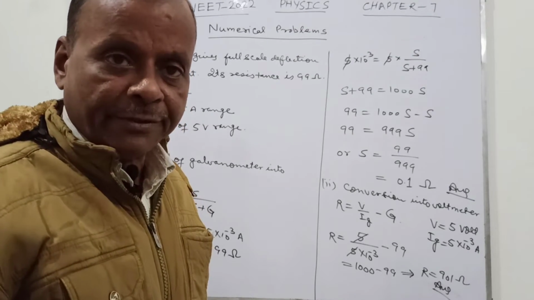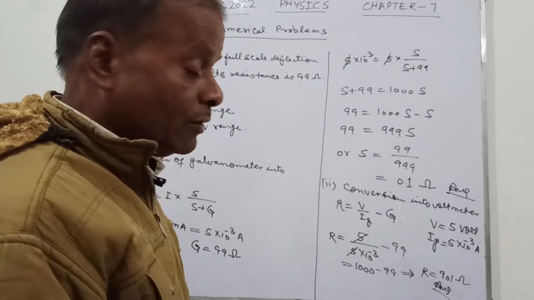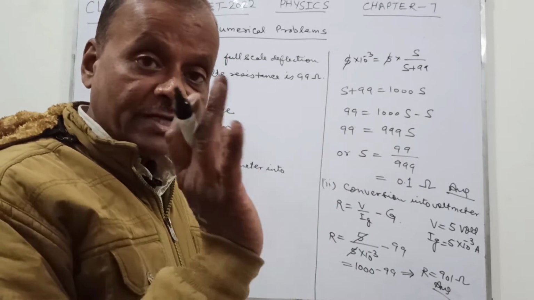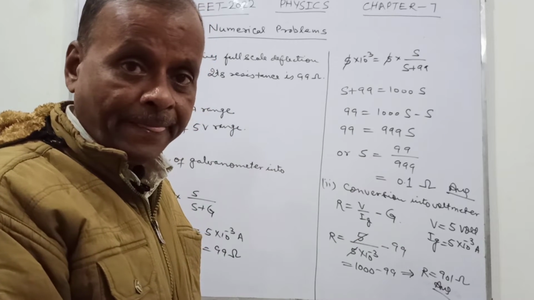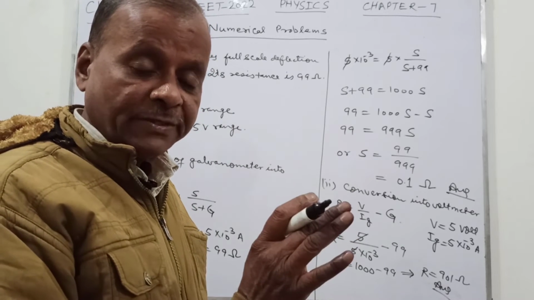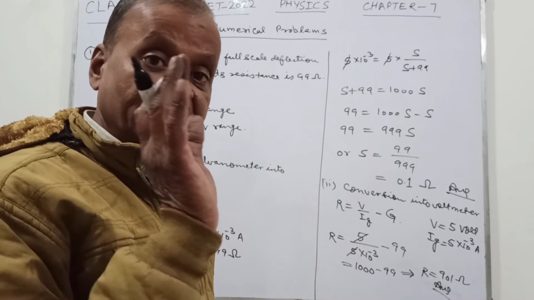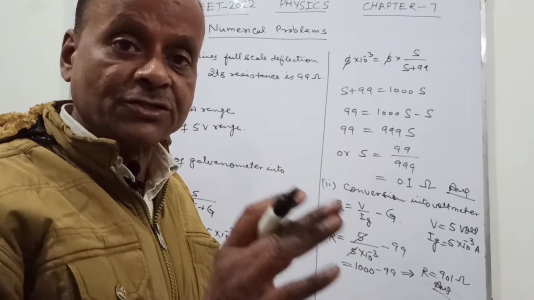And always remember that whatever current is given for the full scale deflection, that is always Ig. And the resistance of the galvanometer given is G. And you have to find S, the resistance of the shunt.